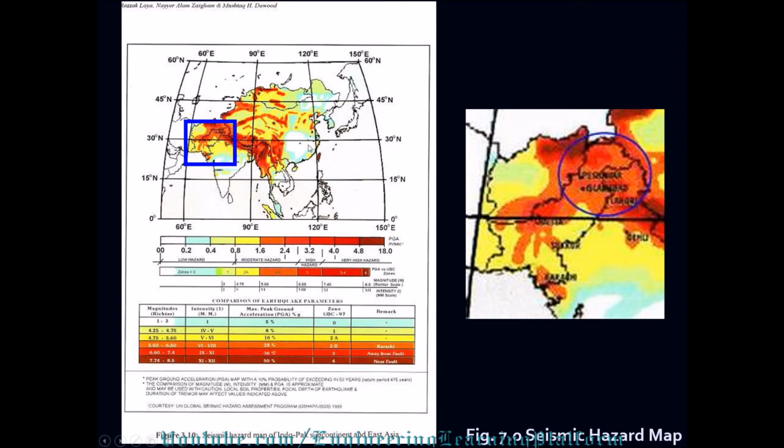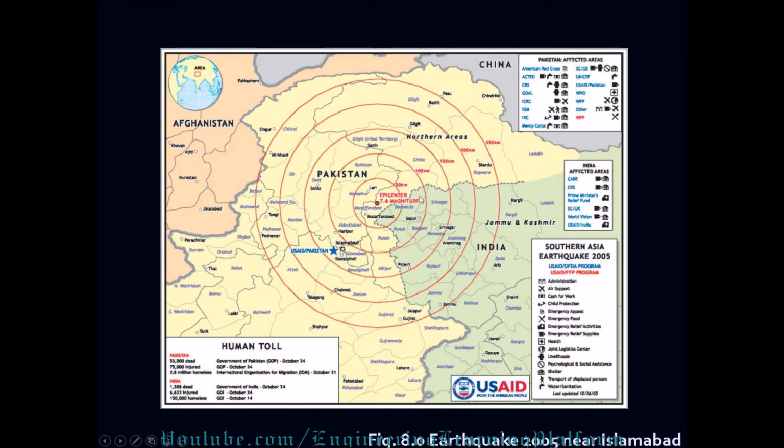The seismic hazard map looks similar to the one shown on the screen. For example, this seismic hazard map is for Pakistan, and this is the epicenter having a maximum magnitude of 7.6 earthquake.